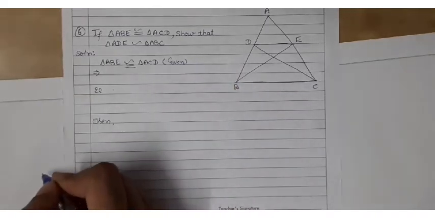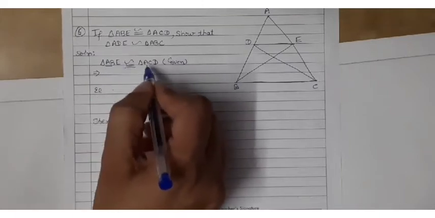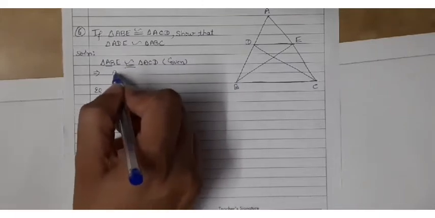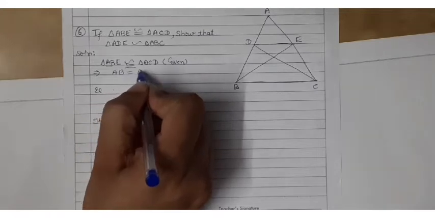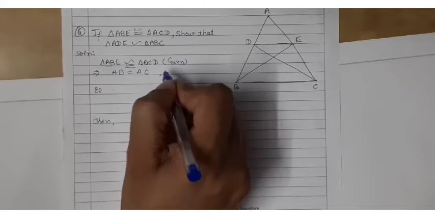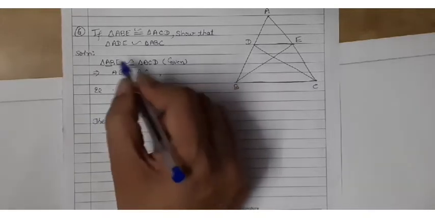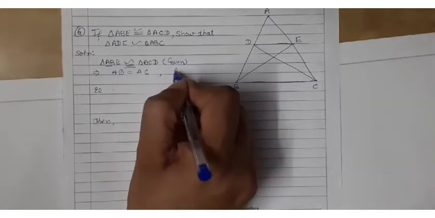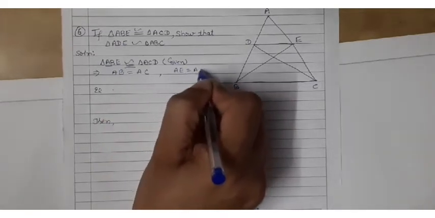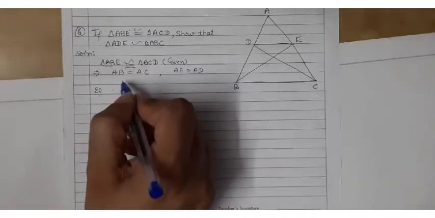Okay. If this is given to you, then what we can say? AB is corresponding part. By CPCT, what can we say? AB is equal to AC. Okay. And AE is equal to AD. Okay. So what will be?